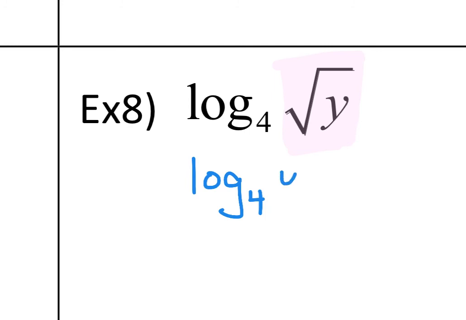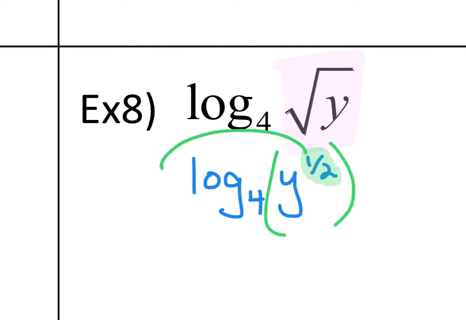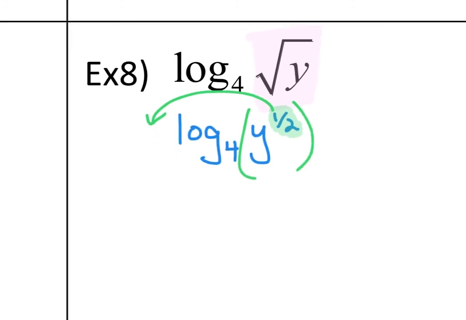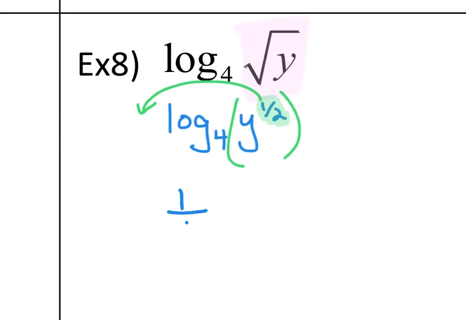But log base 4 of y, remember that a square root can also be written as the exponent of 1/2. And then remember that if you have an exponent within the argument of the logarithm, that exponent can be written instead as a coefficient.